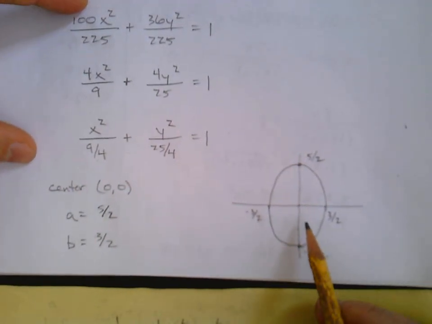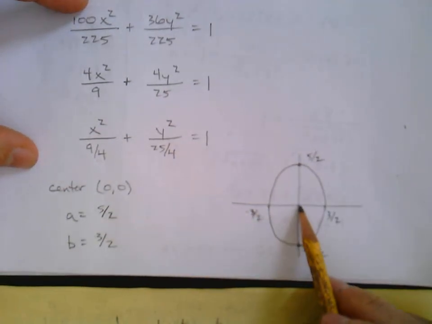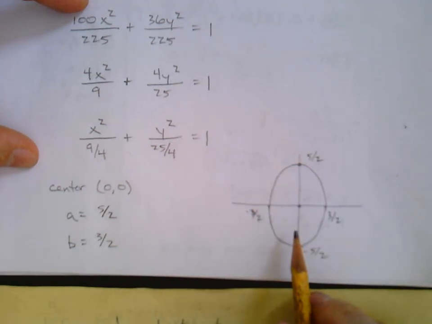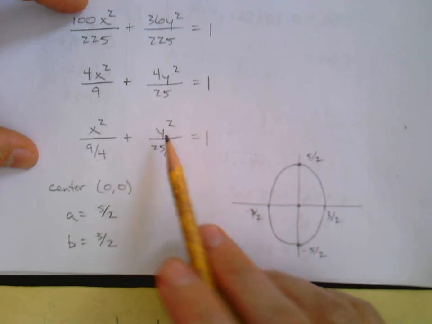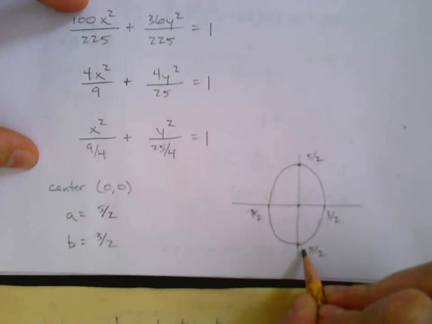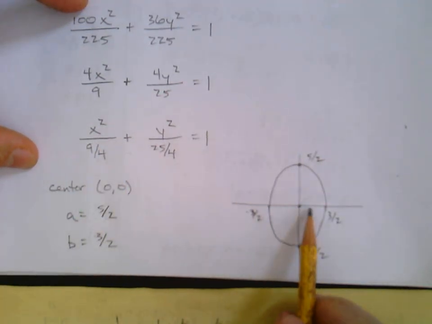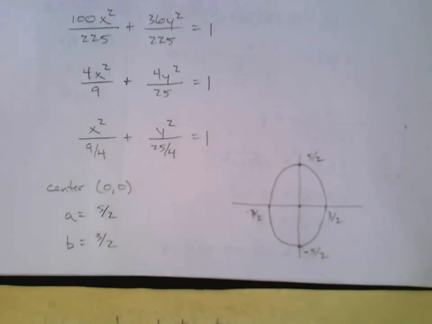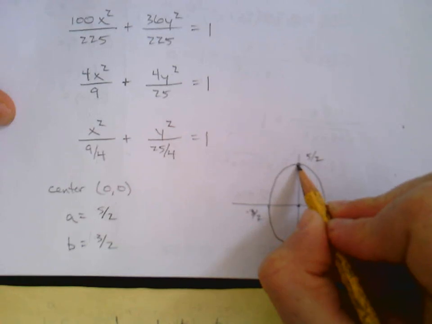And then maybe even just a rough sketch, just to get our bearings of what's happening. So I can see my center, 0, 0. a was underneath the y squared, so I know I need to go vertically, plus and minus 5 over 2. b was underneath the x squared in this case, so I need to go horizontally. Just having a sketch is nice, and right there I can even identify the vertices immediately.